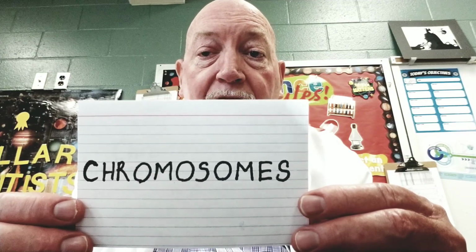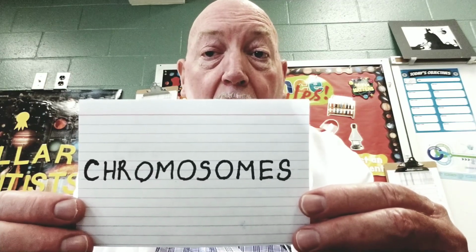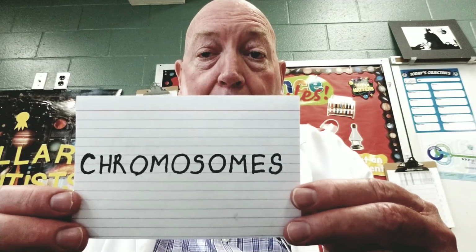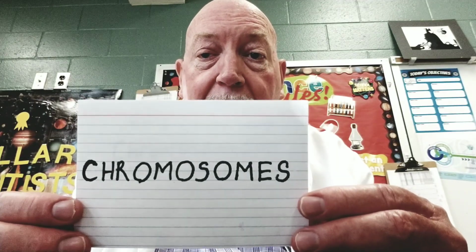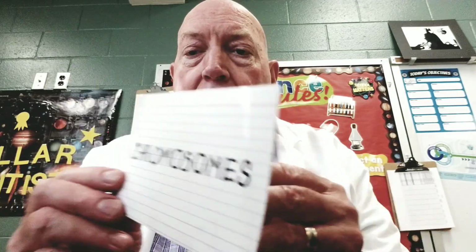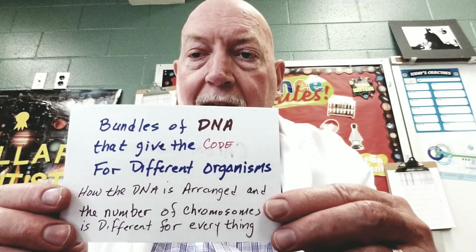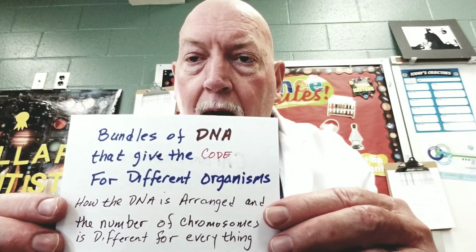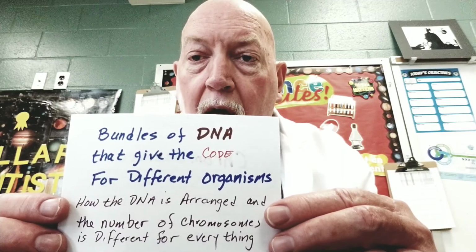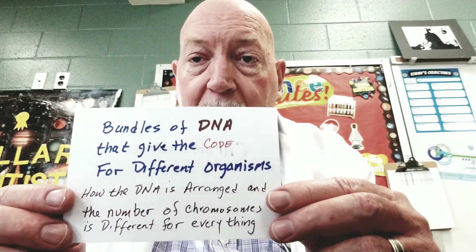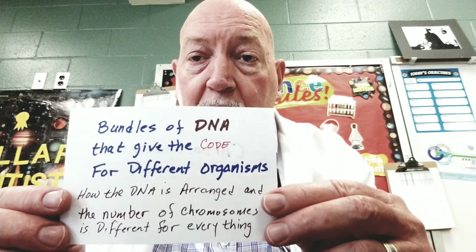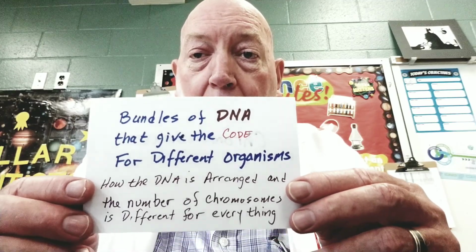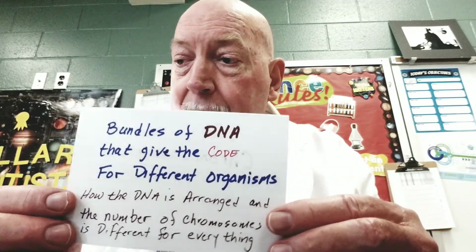So the chromosomes that make up you and me are different than the chromosomes that make up dogs and cats or trees, but they all are basically constructed from the same 4 elements. So bundles of DNA give the code for different organisms. This is what a chromosome is, and we're going to talk about chromosomes quite a bit when we start talking about how cells divide.